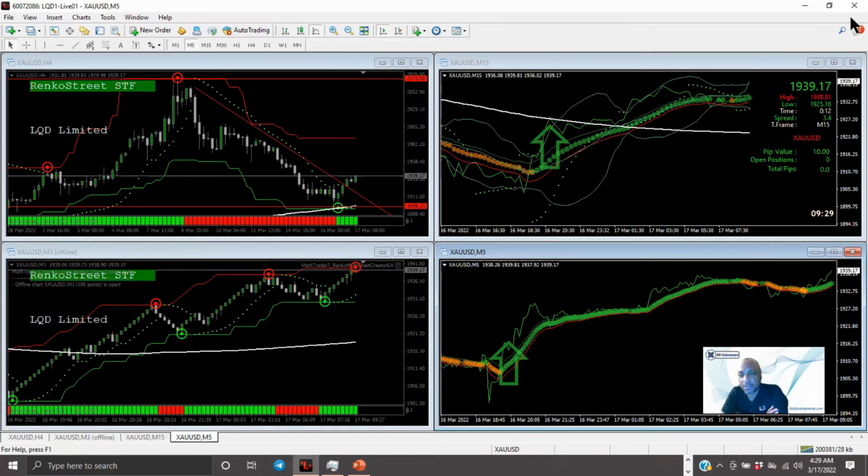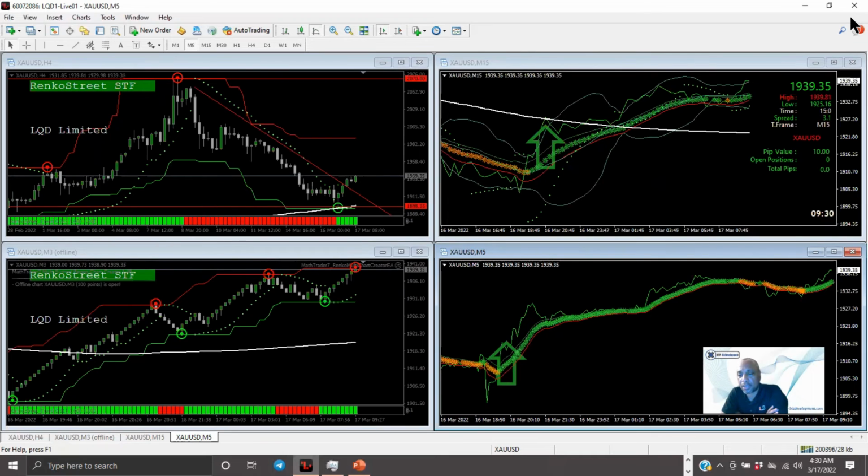The trading game is a lot of waiting to see if your setups are going to validate themselves. And just as this one is about to do, we want to see if price action, and we only trade price action, by the way. We believe that price action is the underlying movement to fundamentals.